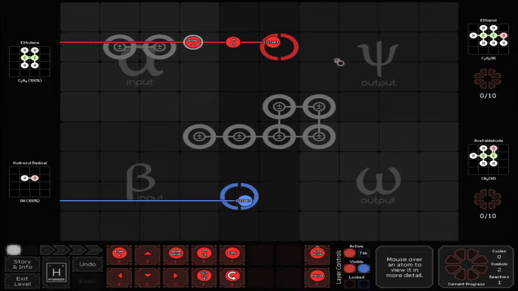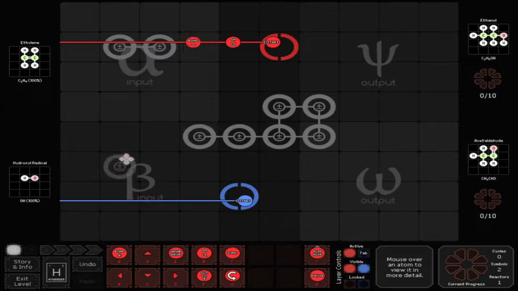So what is it that I should do? I have to be careful with the bonders, because I could very quickly put a bond in the wrong spot. Can I do it with just 4?